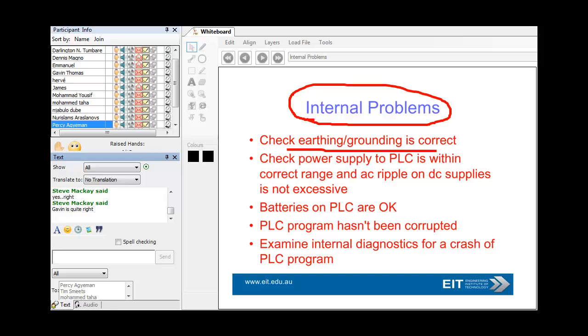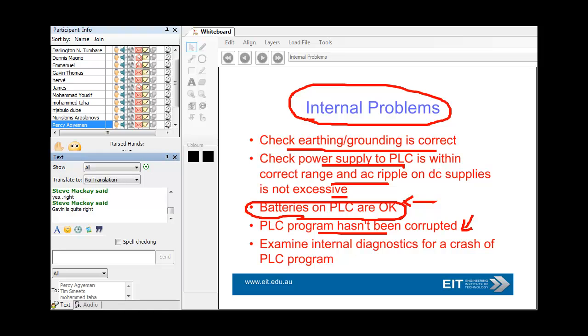Check the power supply of the PLCs is within the correct range, not excessive. Batteries in the PLC, that's a fairly standard problem. Make sure that, again, that doesn't happen until your battery fails. Very rare that happens. Another is the PLC program being corrupted. It happened to me once with a brand of PLCs which will remain nameless, where the actual program was corrupted.